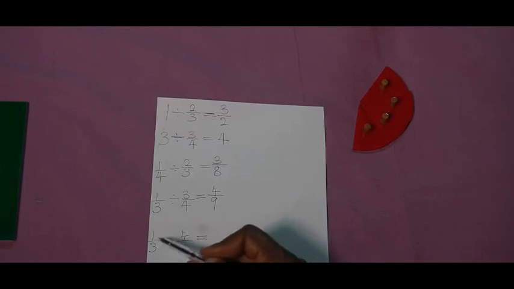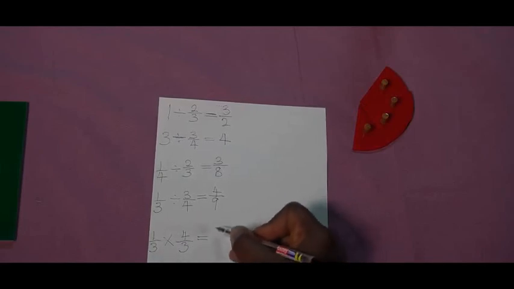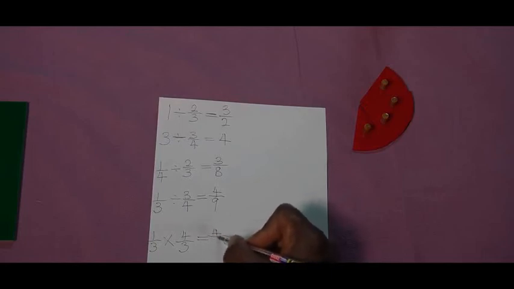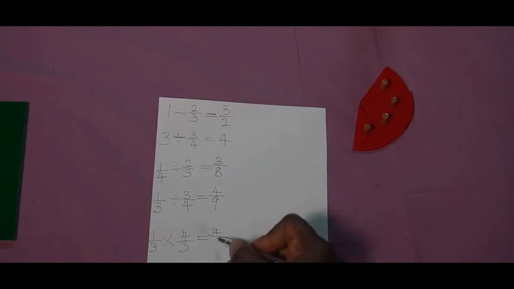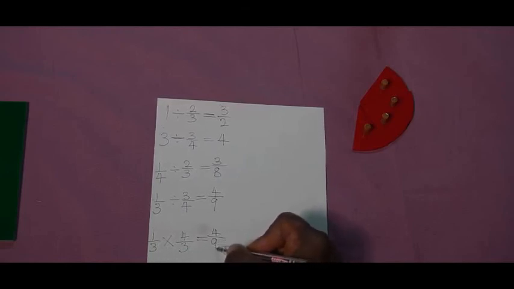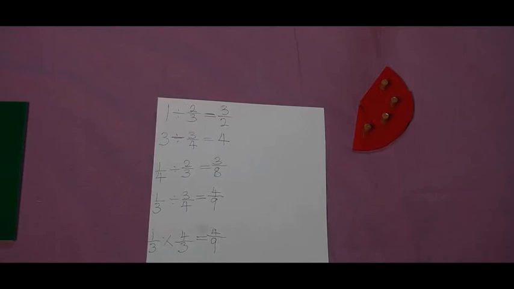Now what do we have? 1 multiplied by 4, we are having 4. And 3 multiplied by 3, we have 9. Can you see?